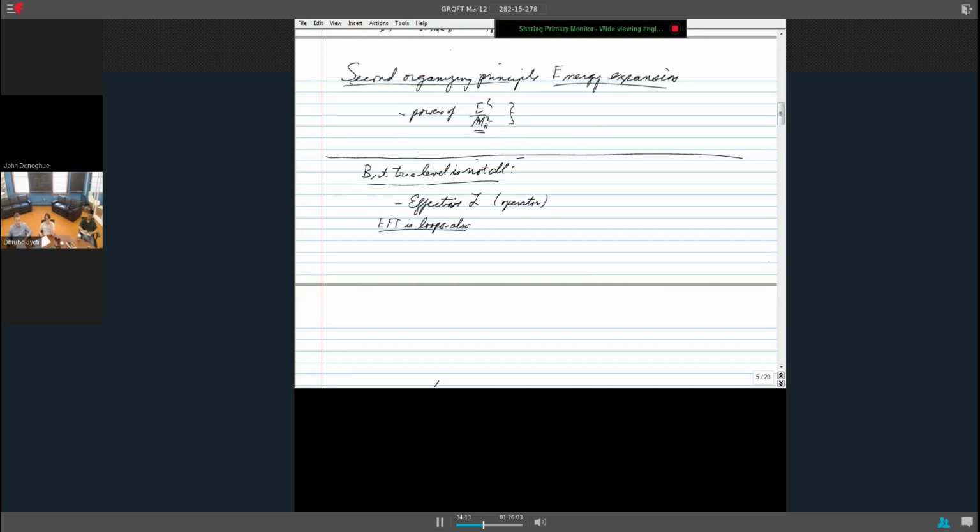But EFT is more than this. And that's, for general relativity, this is the interesting piece. The tree level stuff is pretty boring in general relativity. The loops are interesting.